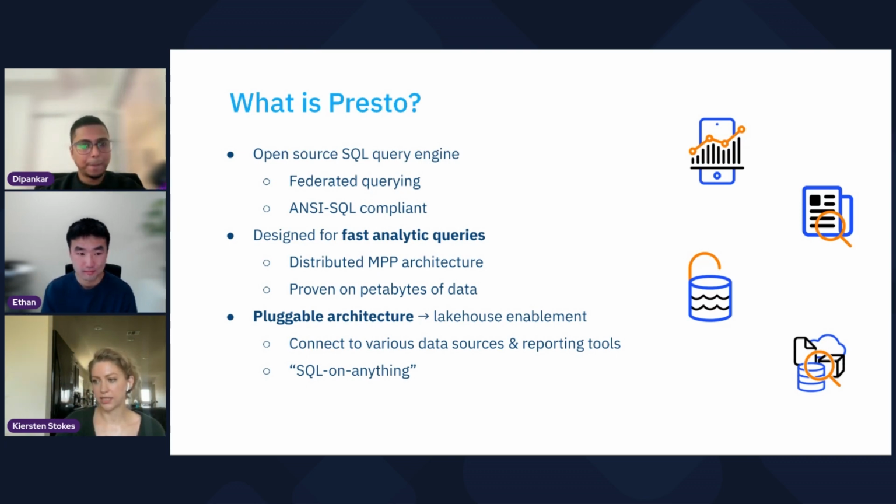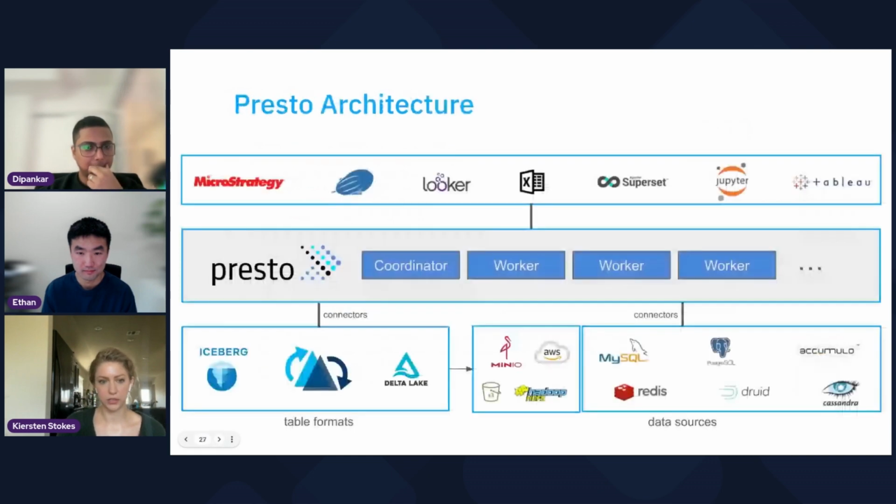We'll take a look at a high-level overview of the Presto architecture. So the top layer here is that visualization BI layer. And of course, this is an optional layer. I should also mention, there are other ways that you can connect to the Presto cluster, which is sitting in the center here.